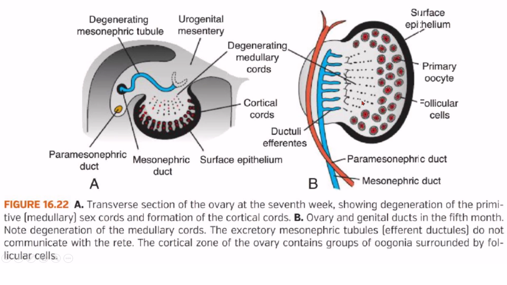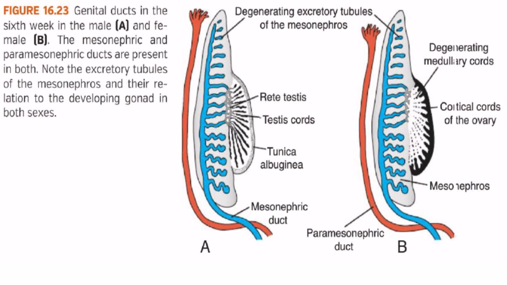The medullary cords have degenerated. They form the middle of the ovary. And you can see here, this lining epithelium will form the germinal epithelium of the ovary. There is no formation of the tunica albuginea, which is seen in case of testis. You can see the difference here.